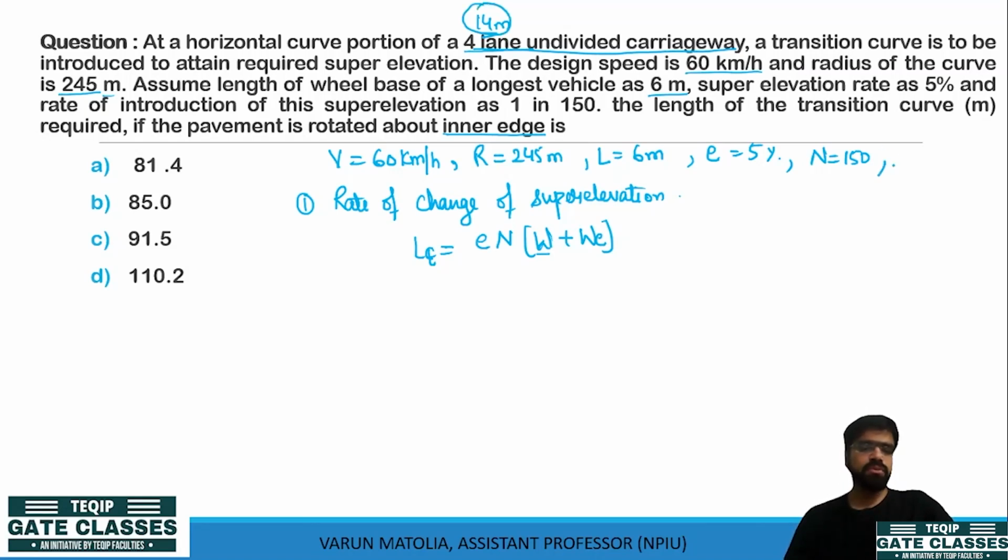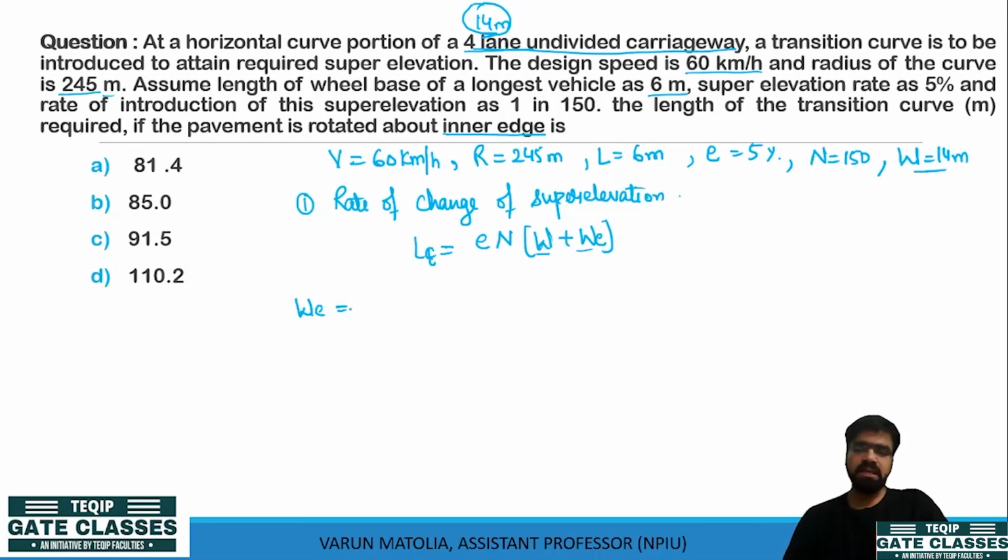The width of road W is 14 meters. This value is required, that is WE. The extra widening is provided for mechanical reason and psychological reason. We have already discussed this concept in our lectures.